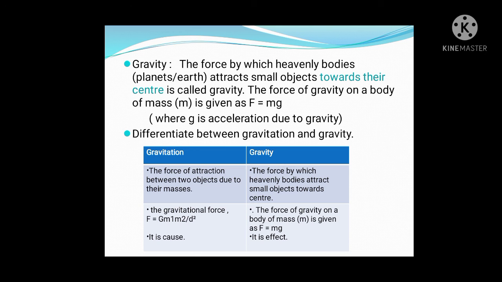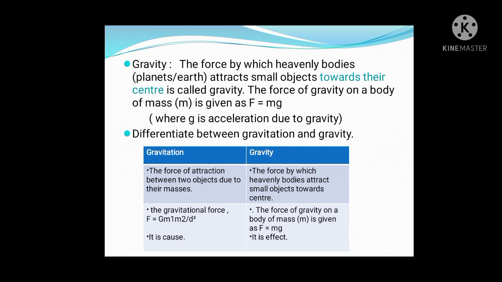So the same is the condition in gravity. Actually both the planet and any other object mutually attract each other, but the attraction of the small mass is not seen, whereas the attraction towards the bigger mass is seen.